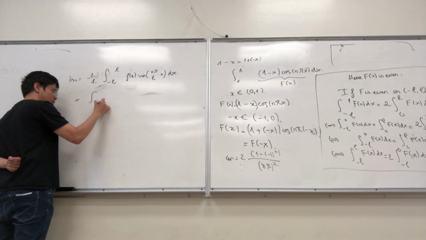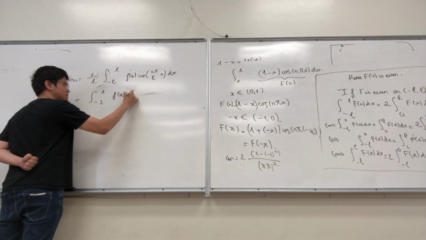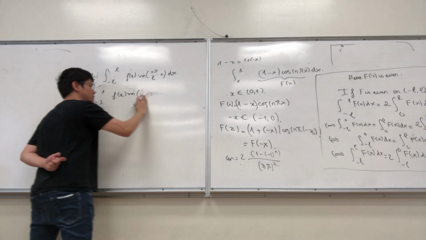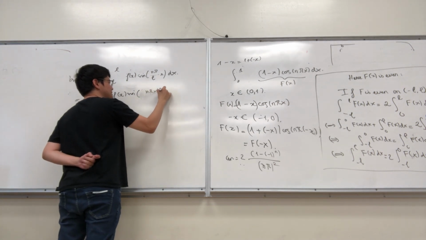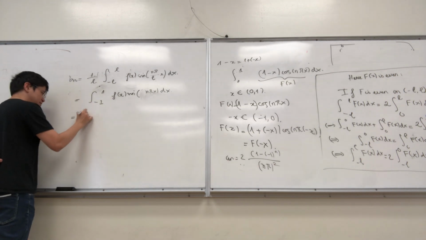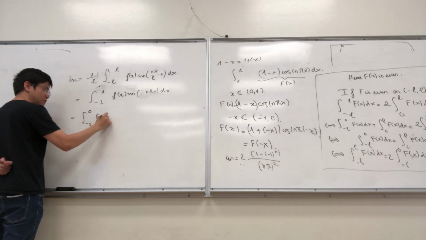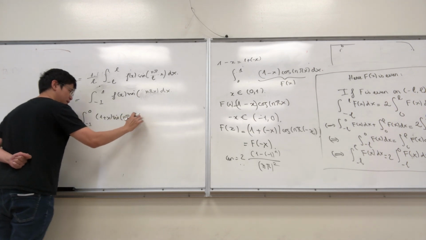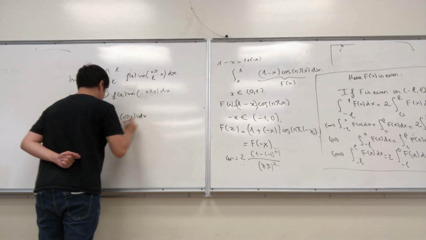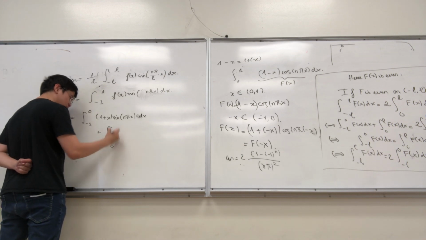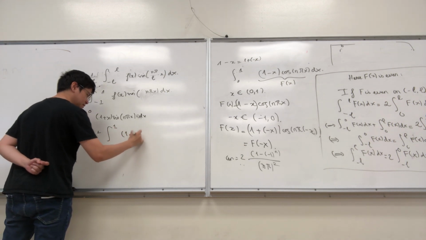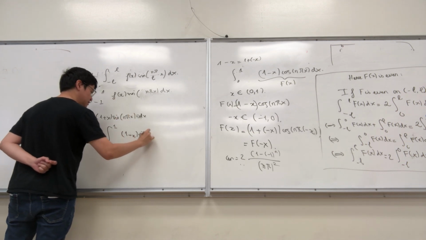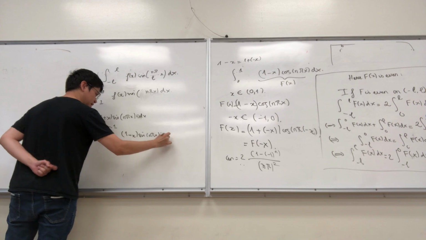So I have the integral from minus 1 to 1 of f(x) sine of n pi x over L. There's no over L, right? So this is n pi x dx. And this is the integral from -1 to 0. So I'm going to split the same. So I have (1 plus x) sine of n pi x dx plus the integral from 0 to 1 of (1 minus x) sine of n pi x dx.